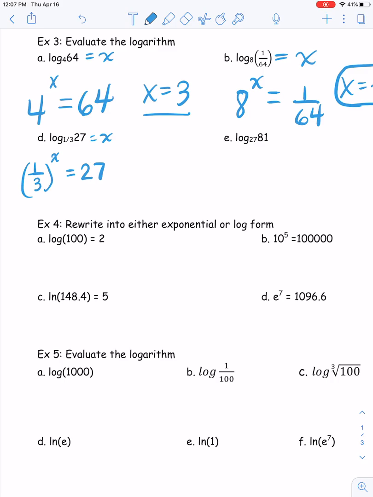And then I'm looking at 3 to the power of what gives me 27. Well, 3 cubed is 27. So if I have 1/3 cubed, that would be 1 over 27. So then x needs to be negative 3. 1/3 raised to the negative 3 power is going to give me 27.